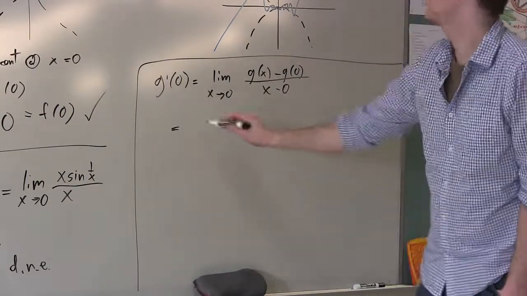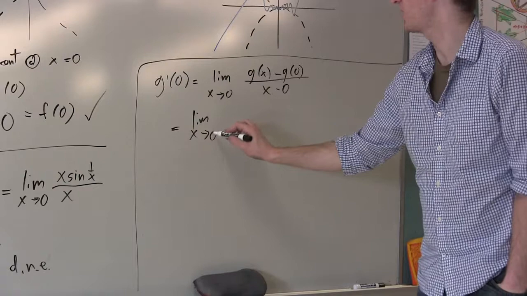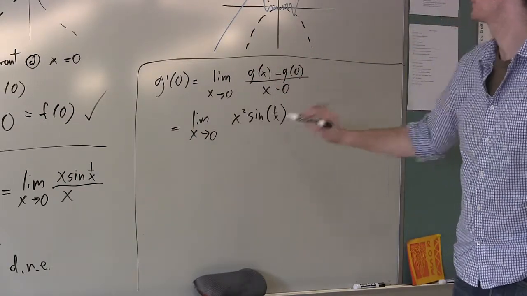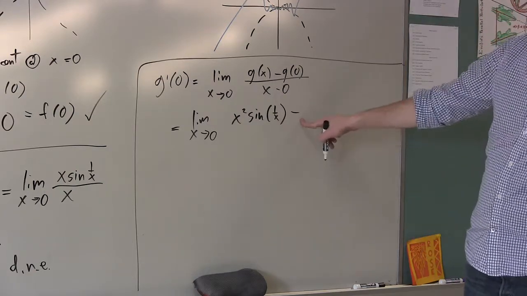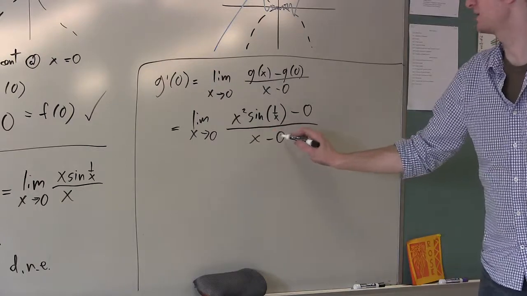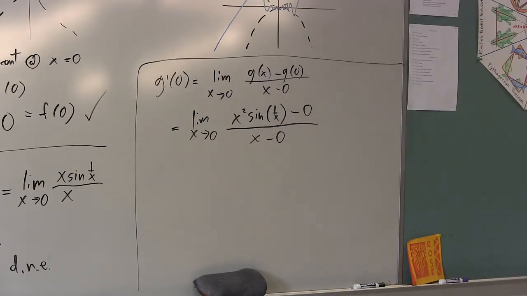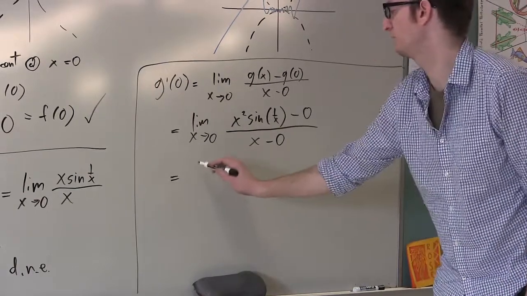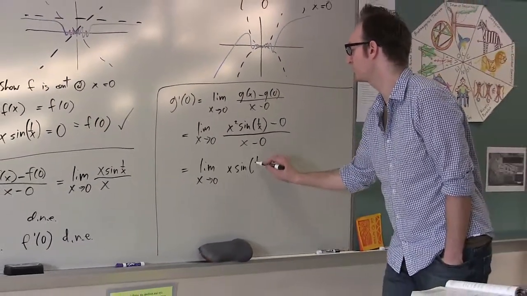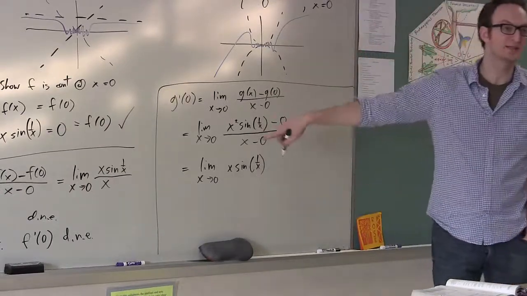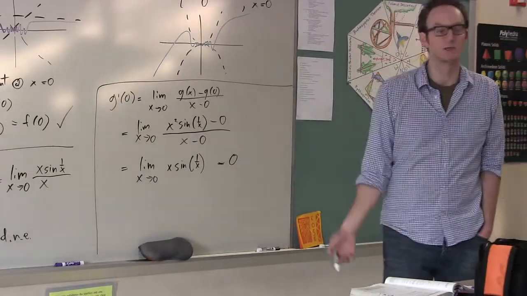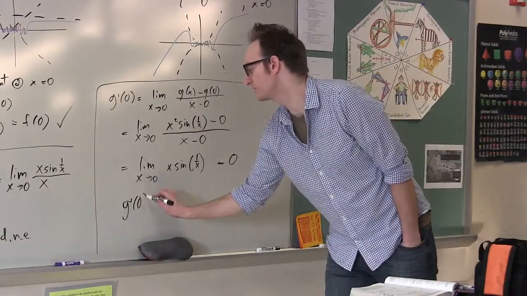That is the limit as x goes to 0 of x squared sine 1 over x minus g of 0, which is 0, over x minus 0. Now the x's cancel, and this is the limit as x goes to 0 of x sine 1 over x. And this, via the squeeze theorem, is 0. So g prime of 0 is 0.